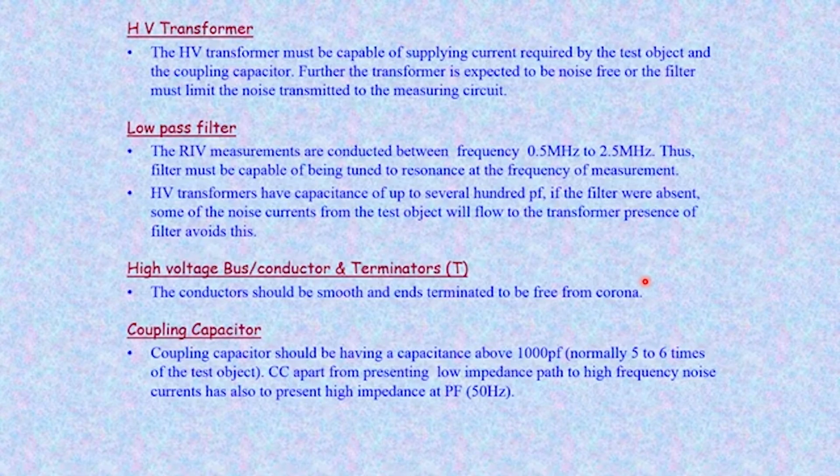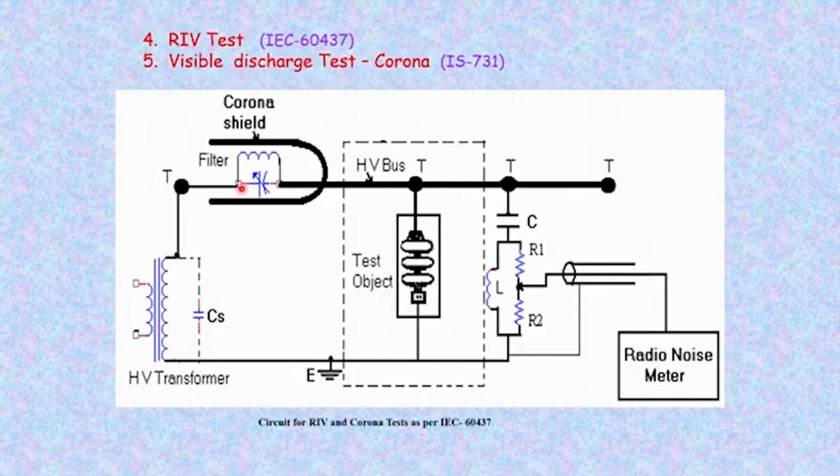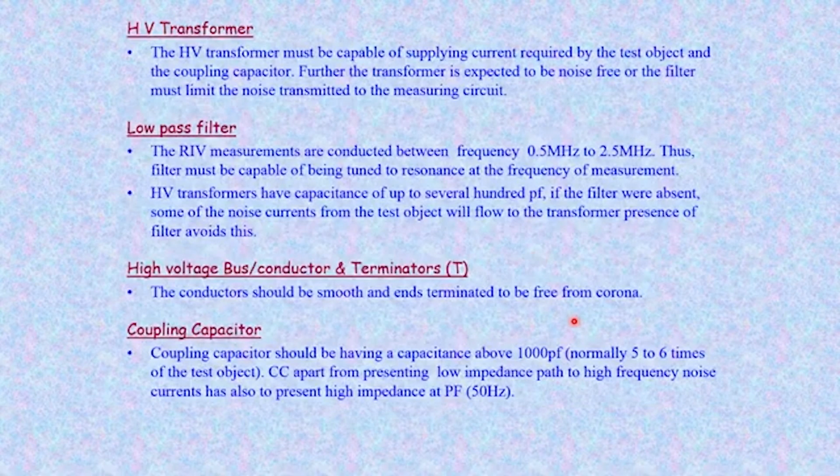All the connecting ends should be properly terminated. You cannot expose the ends here, where the discharges are likely to happen. So, these ends or termination points have to be properly enclosed with a suitable shielding arrangement.